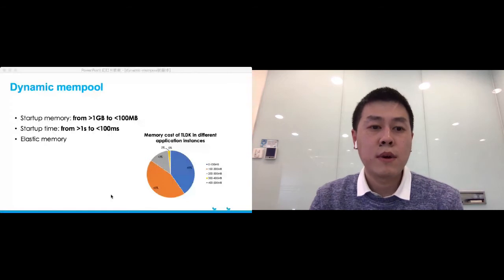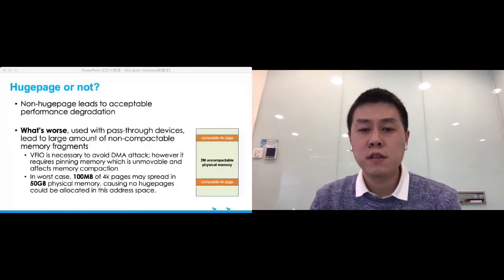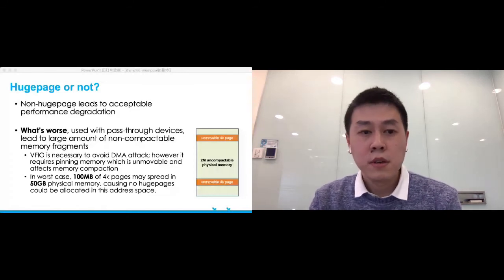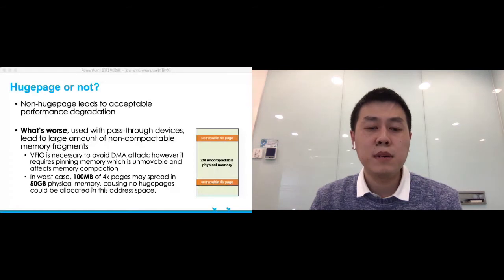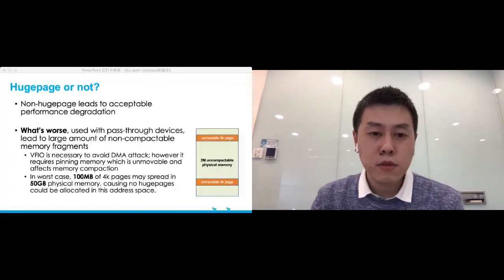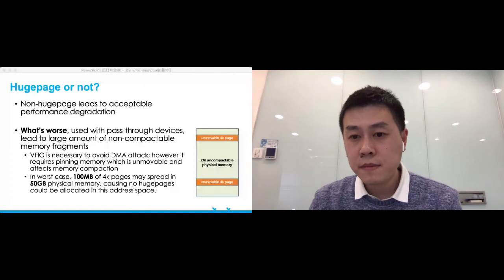What's worse, when used with pass-through devices, it will lead to large amounts of non-compactable memory fragments. To avoid DMA attack, the VFIO driver requires pinning memory allocated by DPDK, therefore affecting memory compaction. As shown in the right figure, one unmovable 4K page would make 2 megabytes of memory non-compactable even if it's almost free.